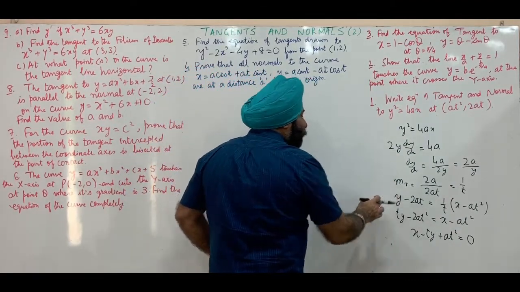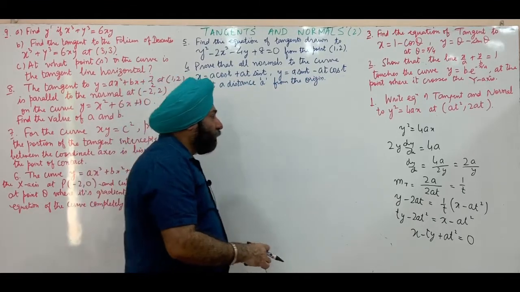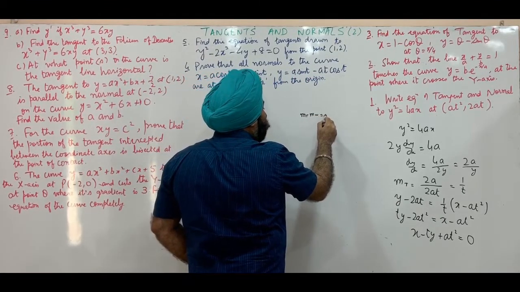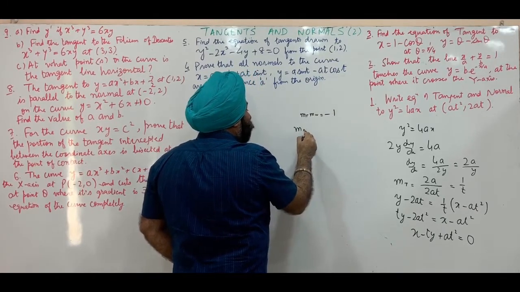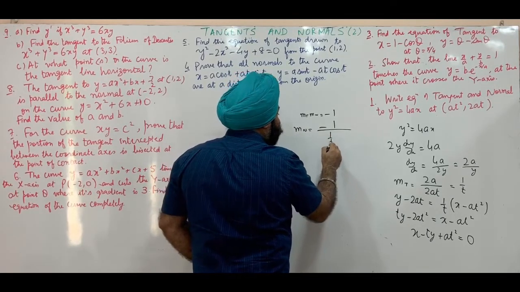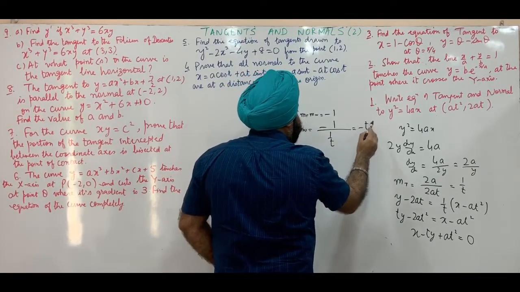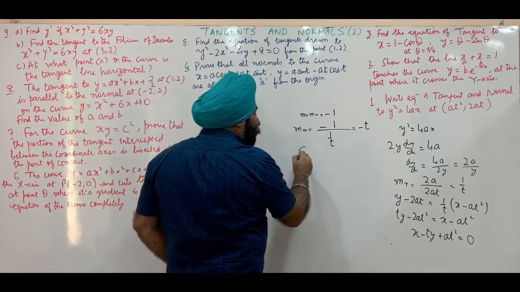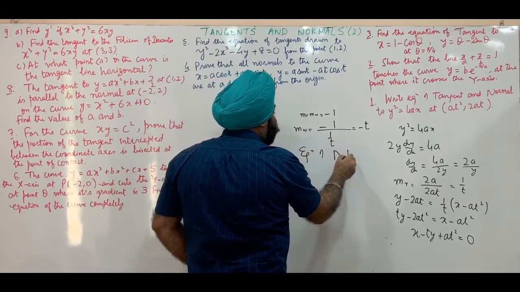From the slope of tangent we can find out the slope of normal, using slope of tangent into slope of normal equals minus 1. So the slope of normal is minus 1 by slope of tangent, that's minus t. Again we use the point slope form to write the equation of normal.